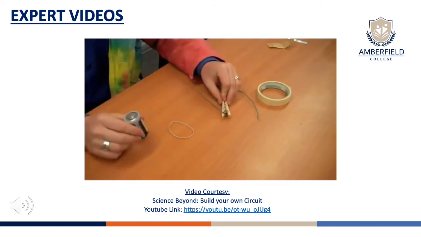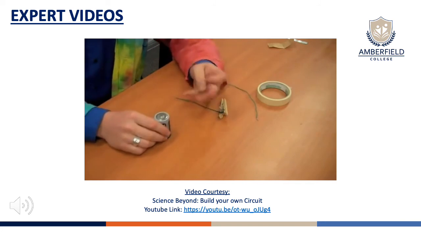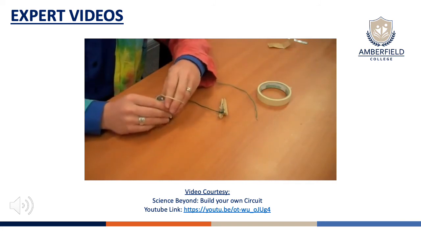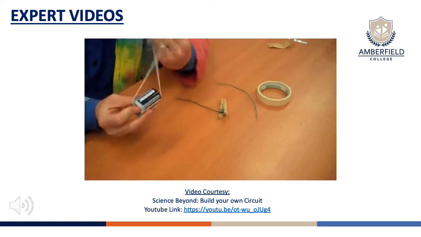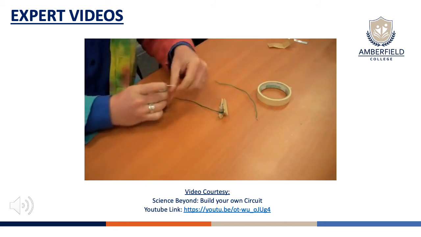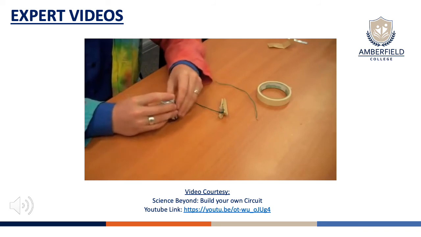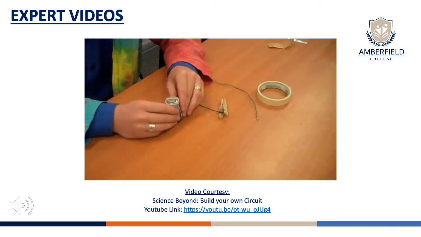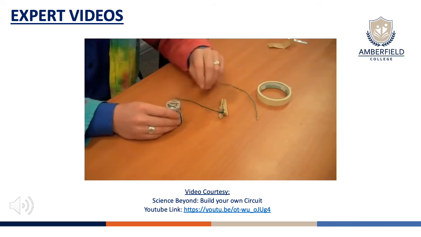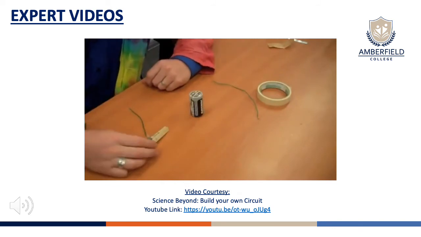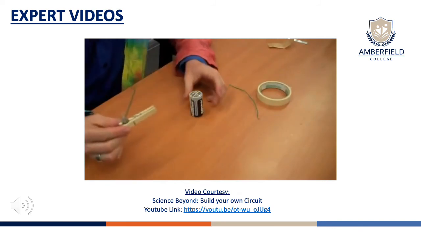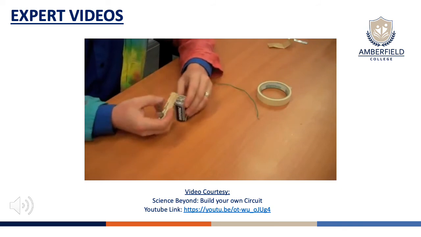So now we're going to get our battery ready. All you need to do is take your rubber band and wrap it around your battery. I like to do it at least twice. You want the rubber band tight enough to hold things on, but not so tight that you can't slip anything underneath the rubber band. So now we just need to slip the light under our rubber band.